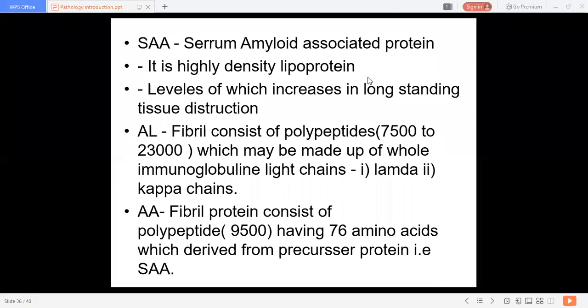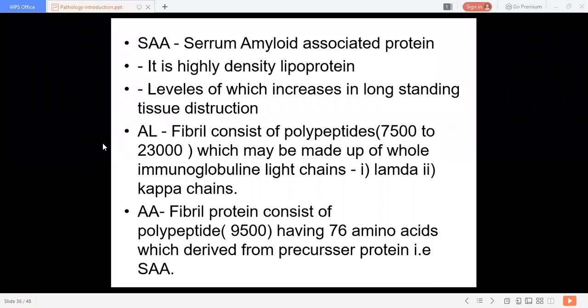This lipoprotein always binds cholesterol and brings it to the liver for excretion. So it is not dangerous, but it is helpful for the heart and the life of the blood vessels.